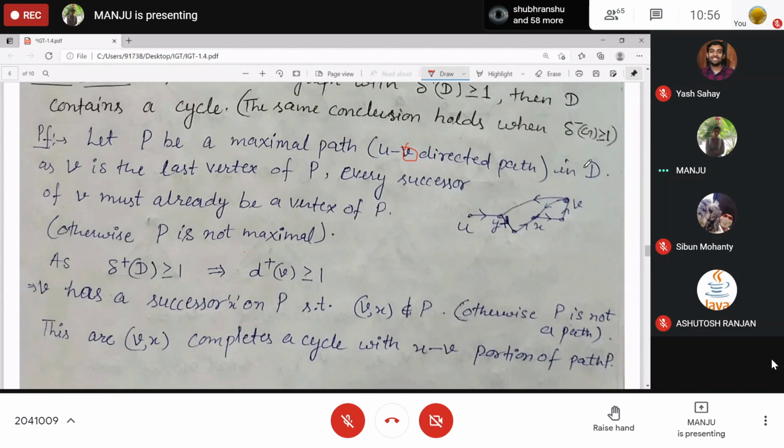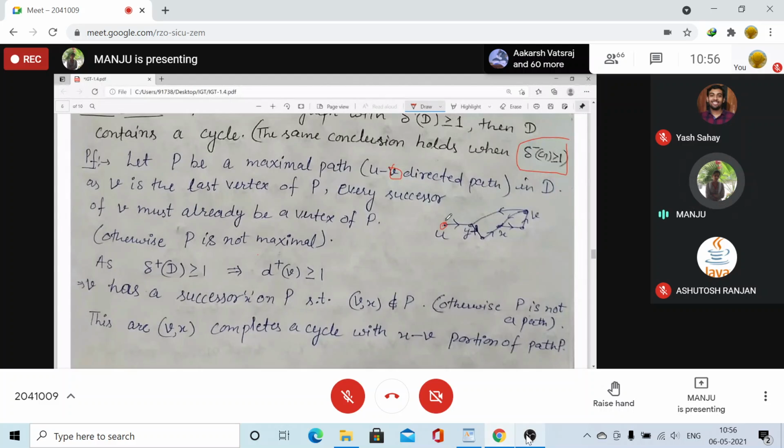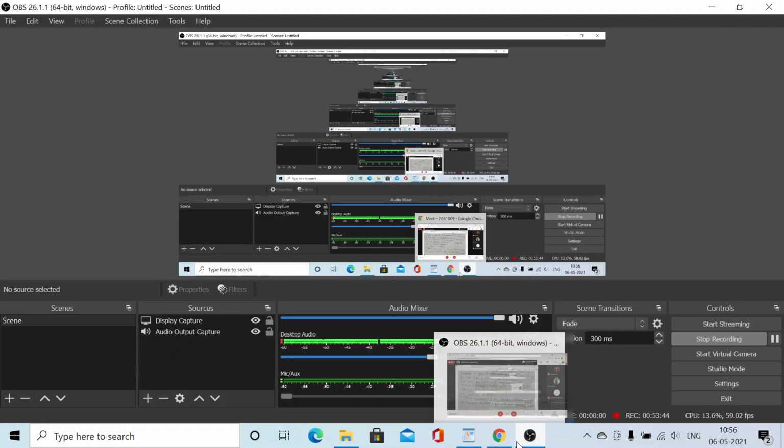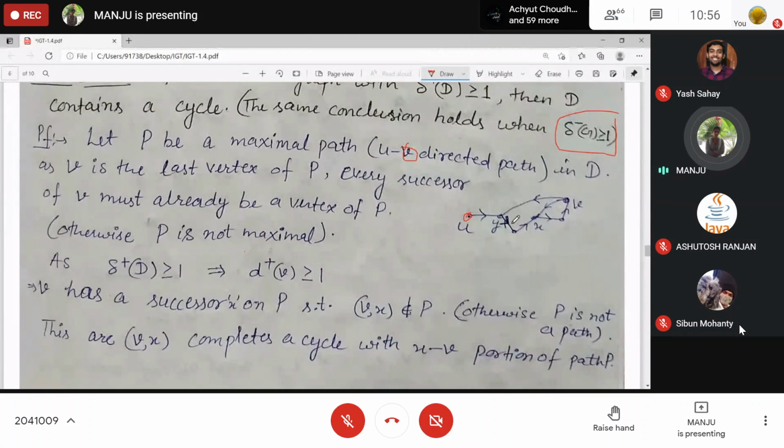Similarly, you can work with the minimum in degree, with U. And every predecessor of U has to be there in G. There will be a successor of the predecessor of U present, but not the arc that joins V and that predecessor.